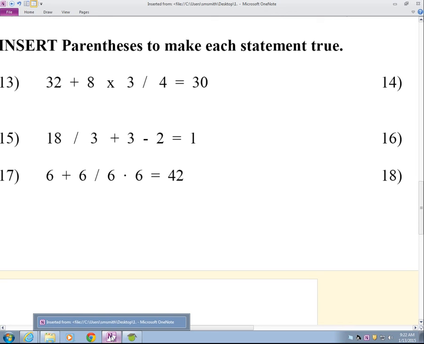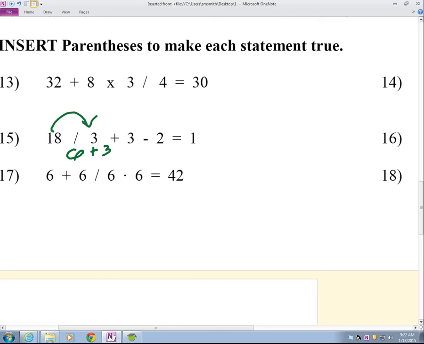We're going to insert parentheses to make the statement true. Just going through left to right, we have 18 divided by 3 is 6. 6 plus 3 is 9, minus 2 is 7. So we know that we had to put them somewhere. Let's see.